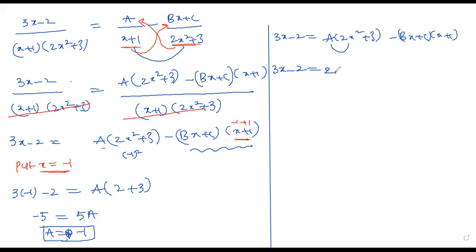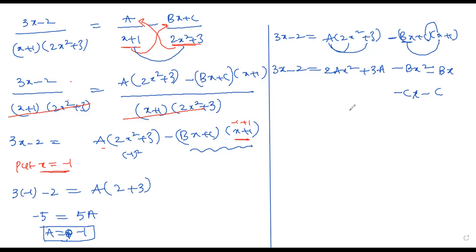This is 2ax square, plus 3a, minus bx square, minus bx, because minus into plus means minus bx. Again c into x, this minus is there, so minus cx and minus c, because c into 1 is c.